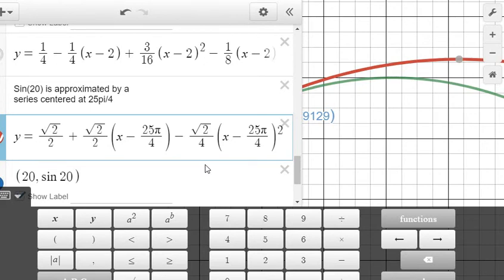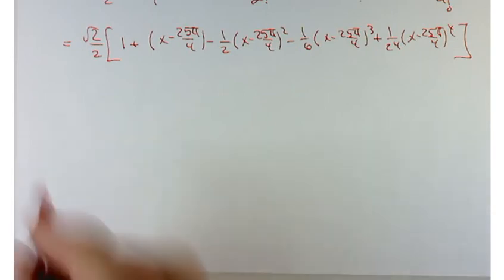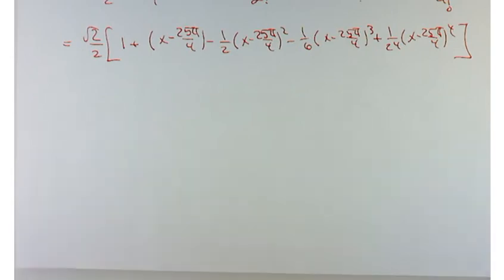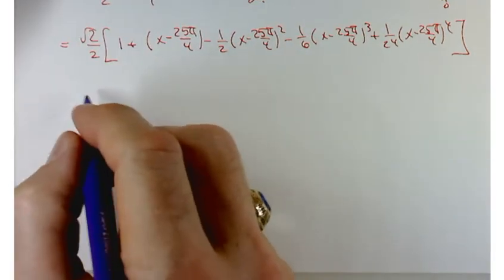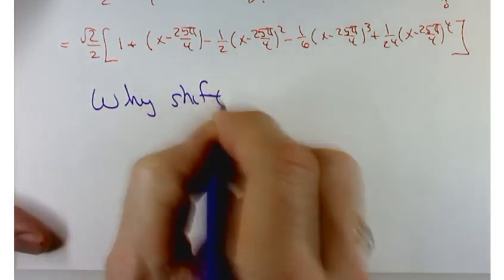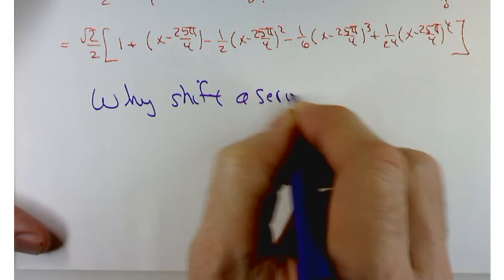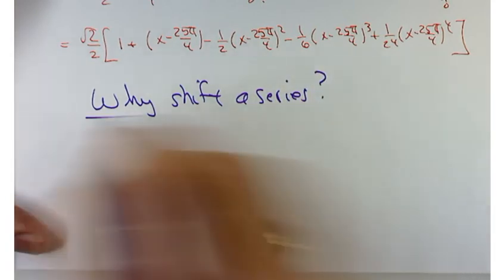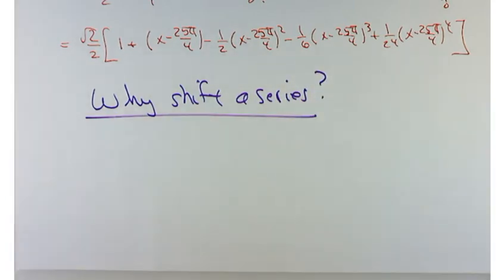Now on an exam, if I asked you why shift a series, then the answer is twofold. So let me write that down here for you. And if you get it wrong, I'll point you back to the video. Why shift a series? Why should we work with a different center?